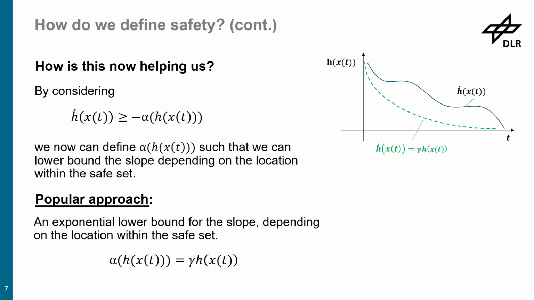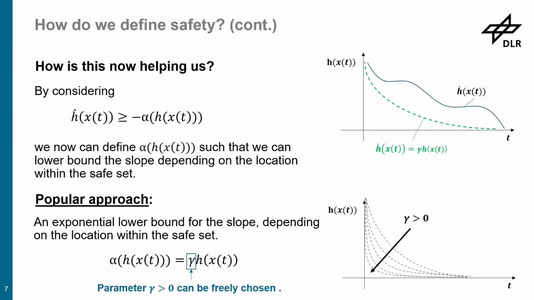And a very nice property of this approach is that by choosing gamma, we can define how we approach the boundary.